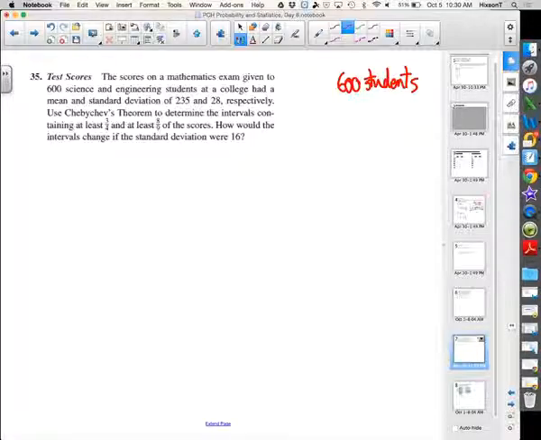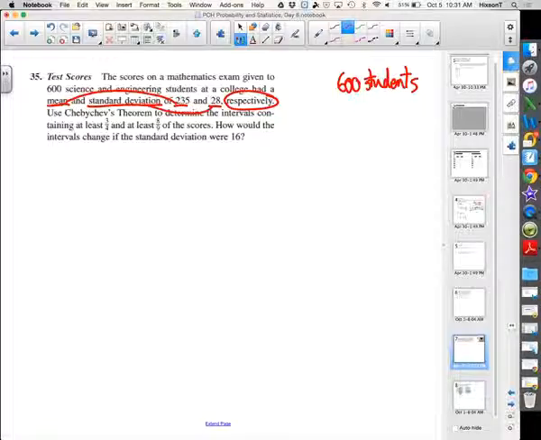It says the mean and standard deviation of 235 and 28 respectively. When you see that word respectively, that means that they've listed pairs in a specific order. So respectively means that mean is 235 and standard deviation is 28. They're in the same order that they were listed.